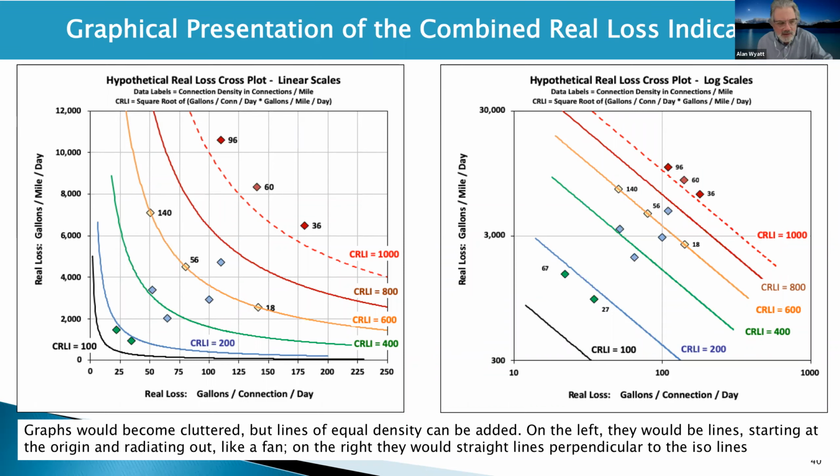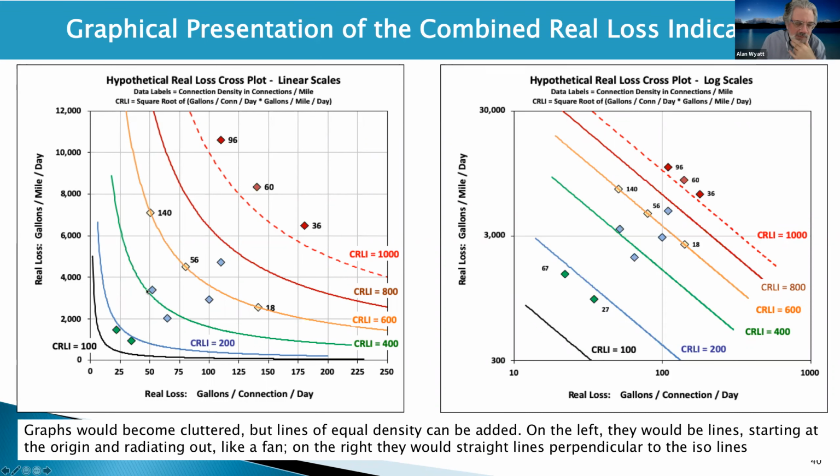You make a cross plot of, and I apologize, this is in gallons on the x-axis and gallons per mile on the y-axis. If you take this point, it has a certain gallons per mile and a certain gallons per connection.